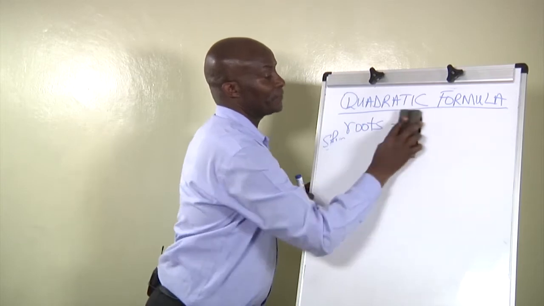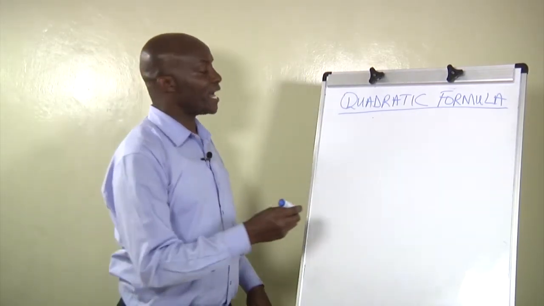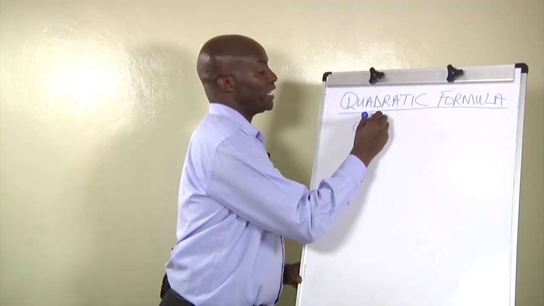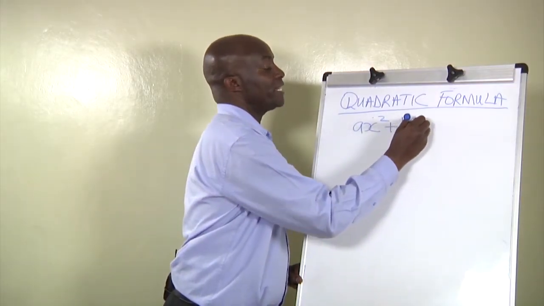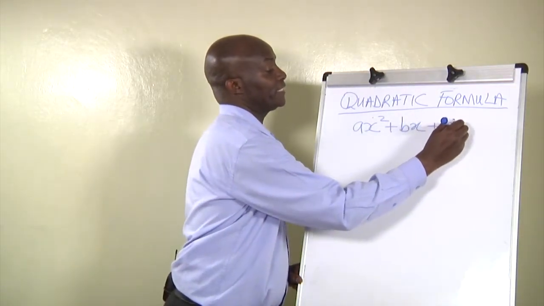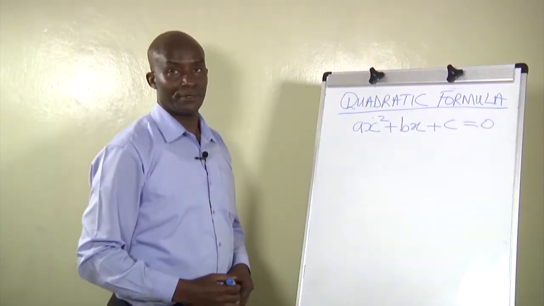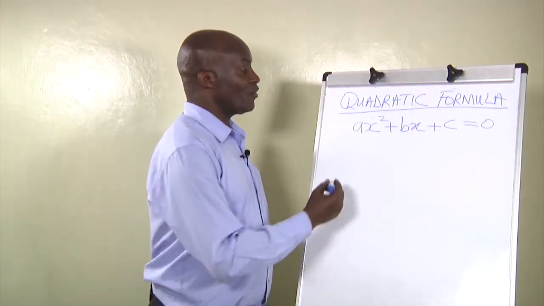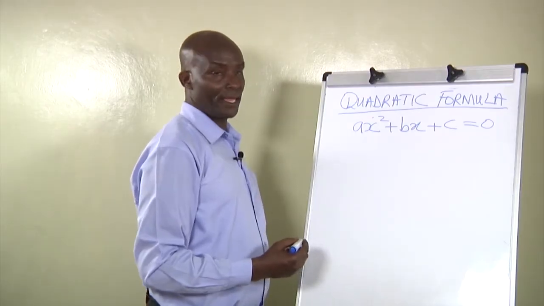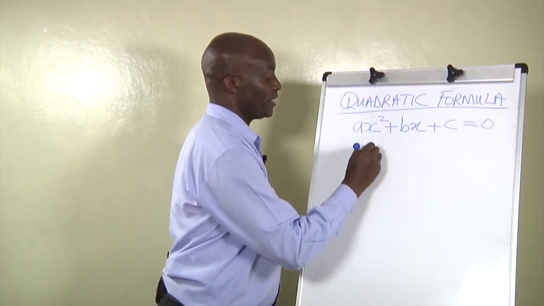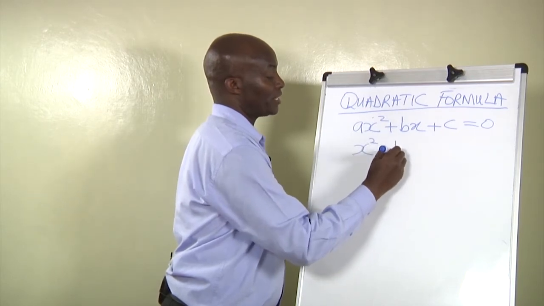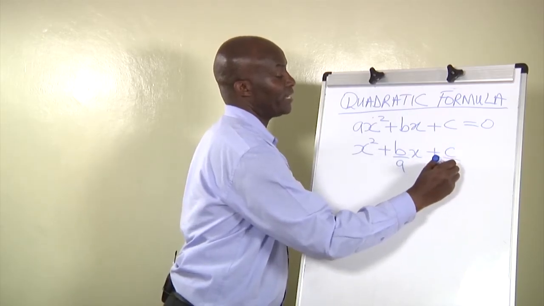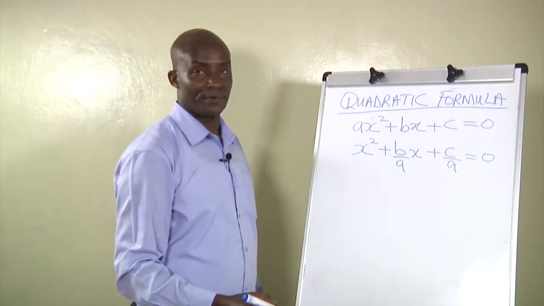So, the quadratic formula. Consider a quadratic equation, ax squared plus bx plus c is equal to 0. Now, if we divide throughout by a, we will have x squared plus b over a x plus c over a is equal to 0.